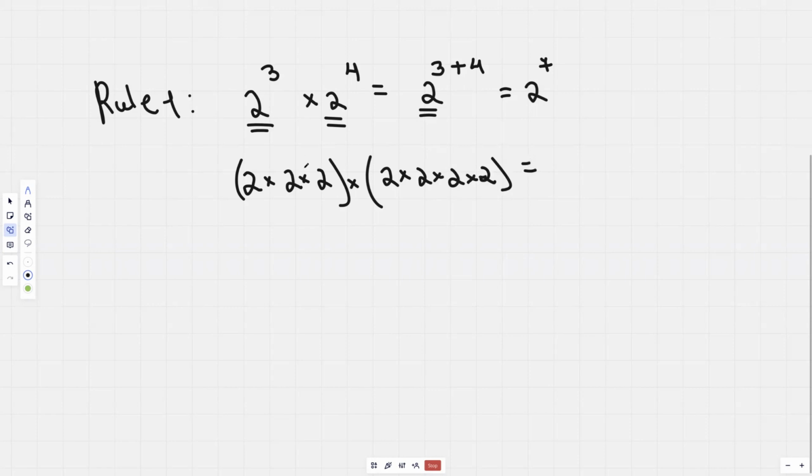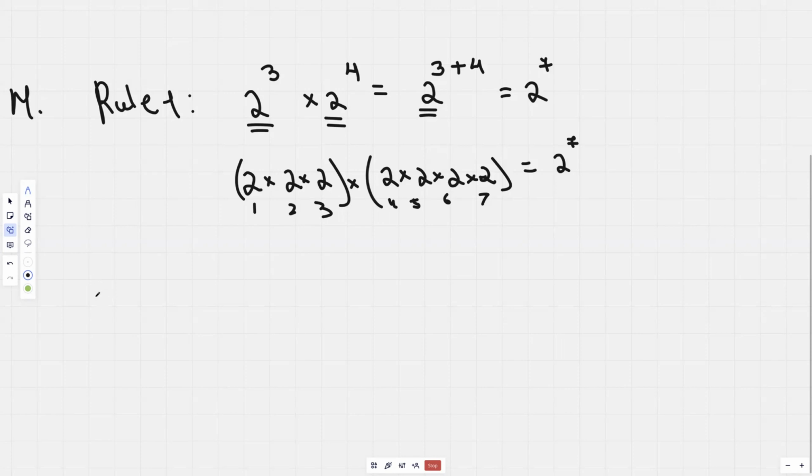If you count how many 2's we are multiplying together, 1 2 3 4 5 6 7, right? 7 twos are multiplying each other, which means 2 to the power of 7. So it's the same as the first one, which means we can just add the powers and keep the base itself.